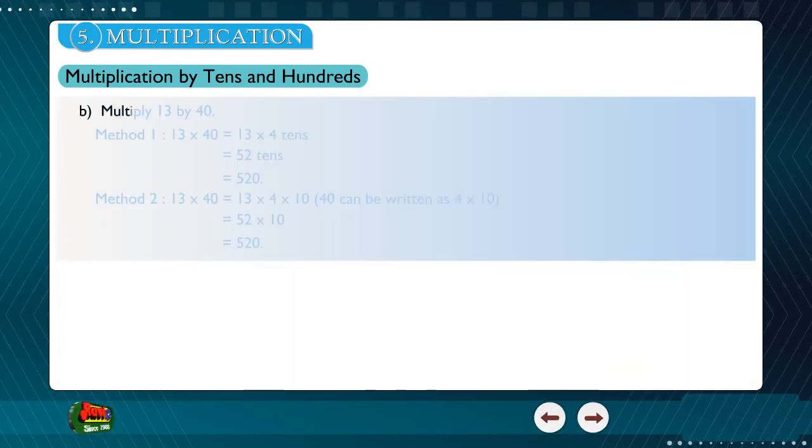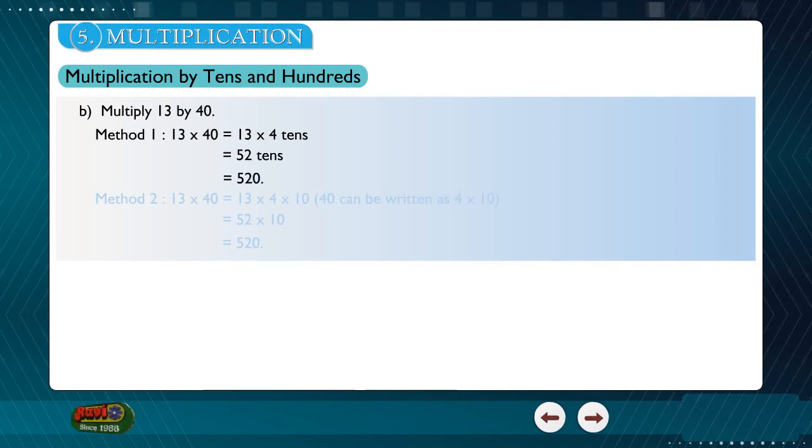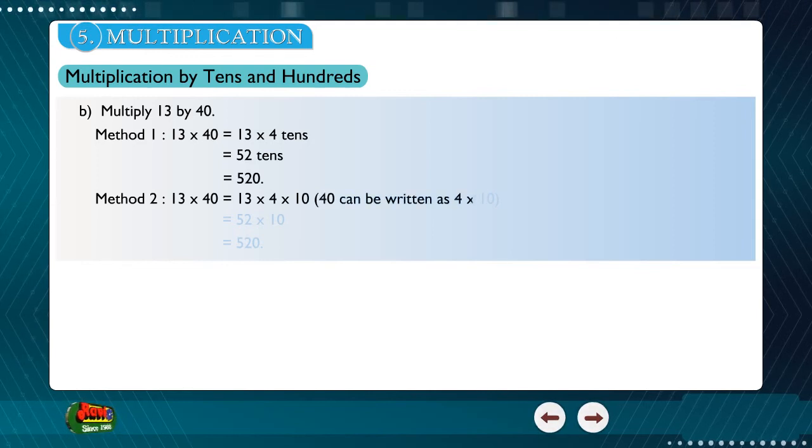B. Multiply 13 by 40. Method 1. 13 into 40 is equal to 13 into 4 tens is equal to 52 tens is equal to 520. Method 2. 13 into 40 is equal to 13 into 4 into 10. 40 can be written as 4 into 10 is equal to 52 into 10 is equal to 520.